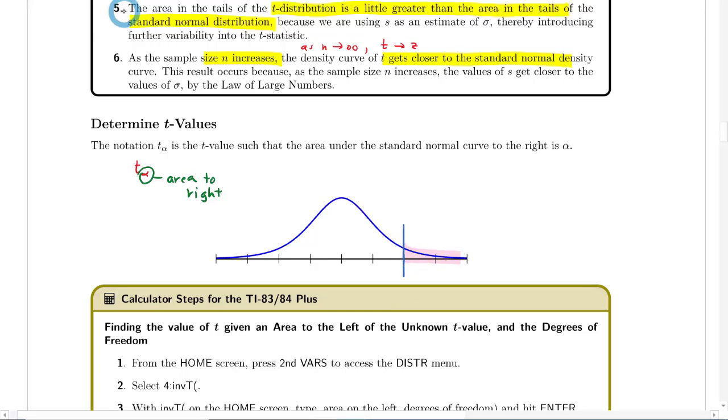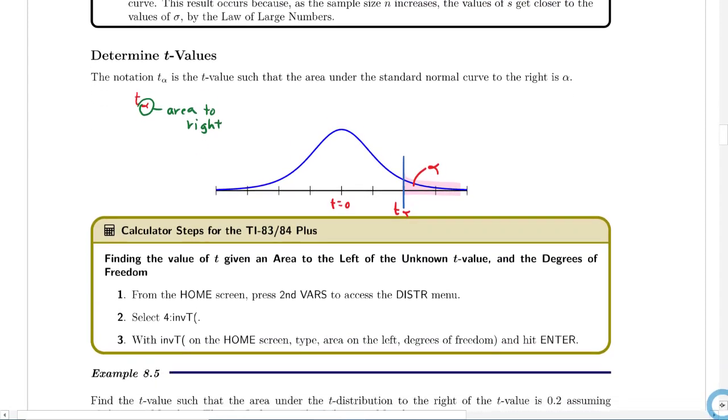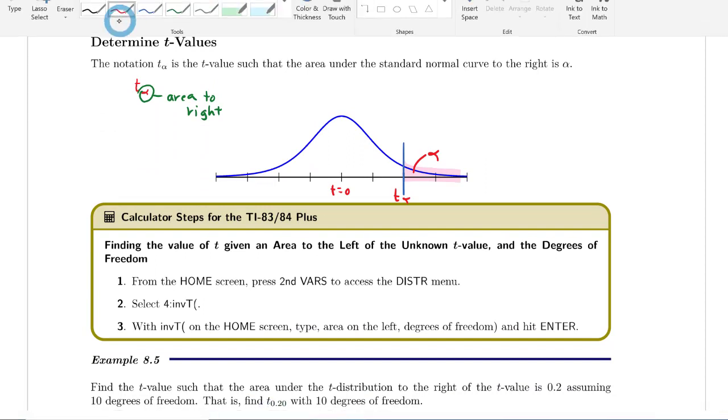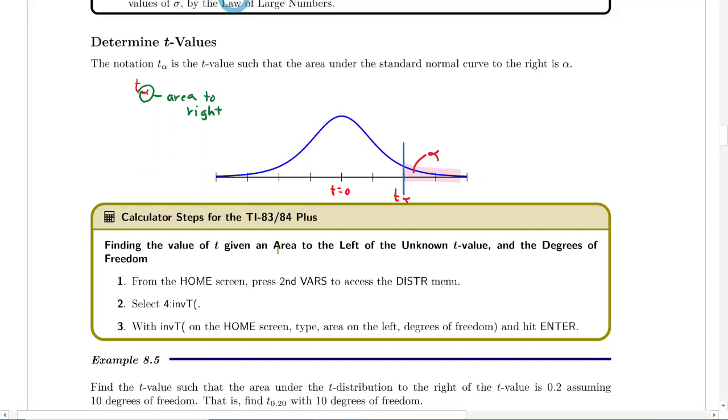And then alpha is this area, and then we have t sub alpha. So it's still the same notation. Okay. So if we're given the area, in this case to the left, we can actually find the t value.